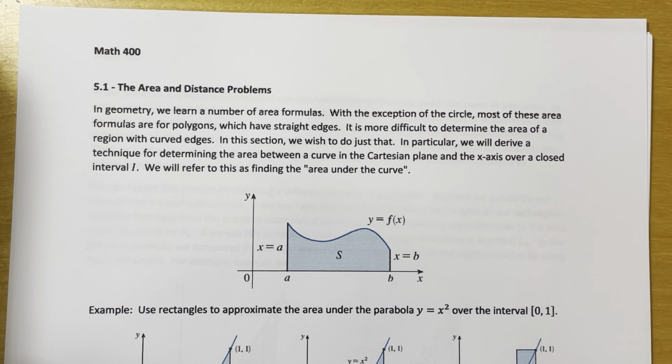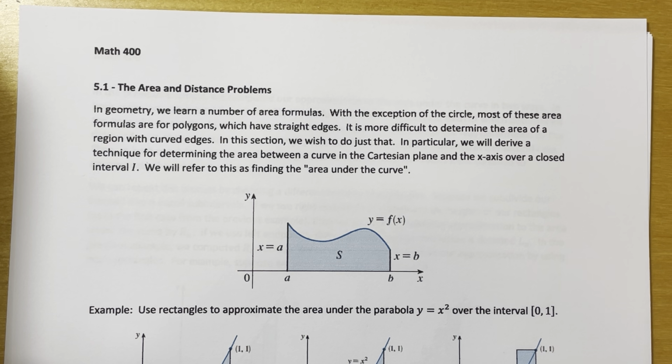Now, from geometry, we know that area formulas of polygons are relatively easy to come up with. Polygons have a nice property in that all of their edges are straight. And from the experience that you should have in geometry by the time you get to a class like this, you should know that it's not terribly difficult to find area formulas for those types of shapes.